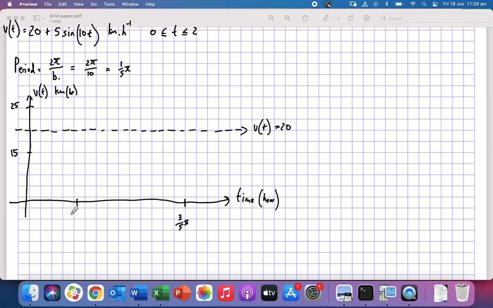So that'll be 1/5 pi, 2/5 pi. It's because I've worked out my period length. So I've got to go do one of them. Oh, I am not good at sketching. Now I've got to do another one.